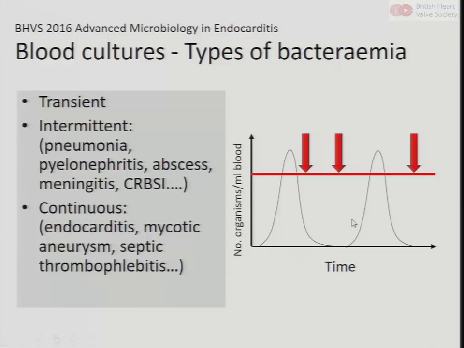Some infections, like pneumonia and pyelonephritis, in the context of urosepsis, you might get a bacteremia, you might get another bacteremia. But the key thing about endocarditis and other endocardial infections is that the bacteremia is fairly constant, which means that whenever you sample the blood, in theory, you should get a positive blood culture. And it's spacing out the blood cultures in time that's important, because that demonstrates the persistence of the bacteremia.